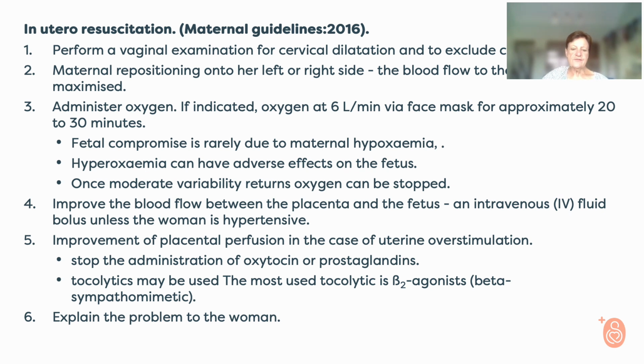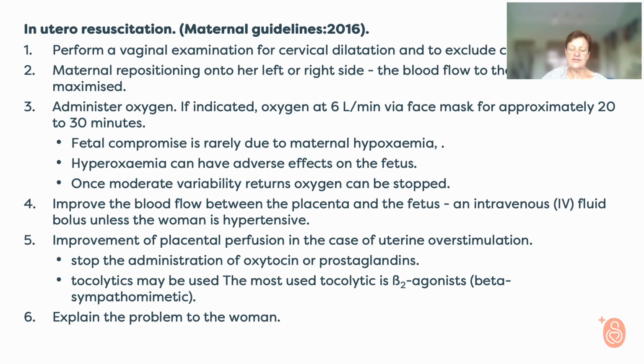Now, also to improve the blood flow between the placenta and the fetus, we put up an IV fluid with Ringer's lactate, preferably, because it expands the blood volume of the woman, except if she's hypertensive, obviously. And then also improve the placental perfusion in the case of hyperstimulation, when the uterus is overstimulated, where the mother is induced with prostaglandins or oxytocin, it obviously has to be stopped immediately.